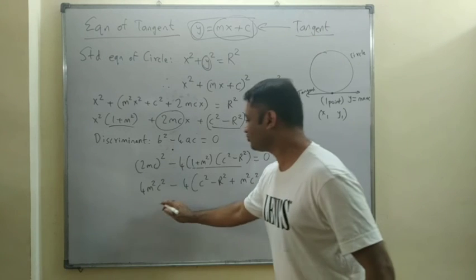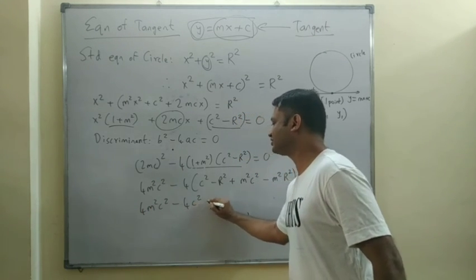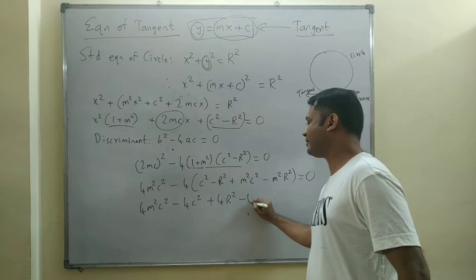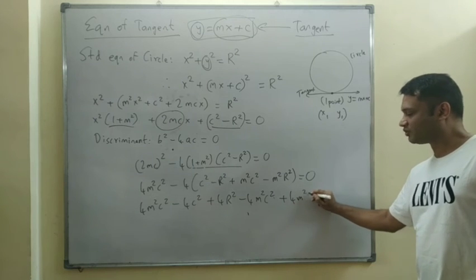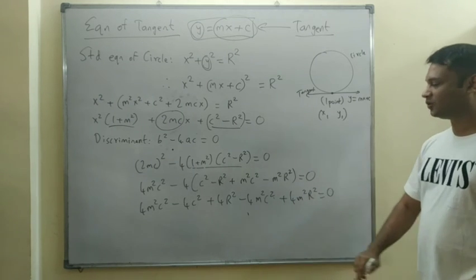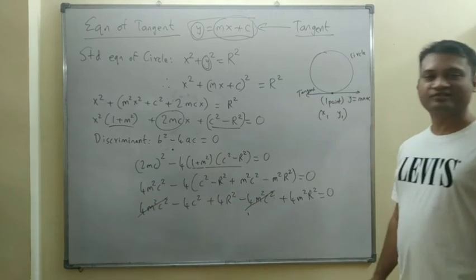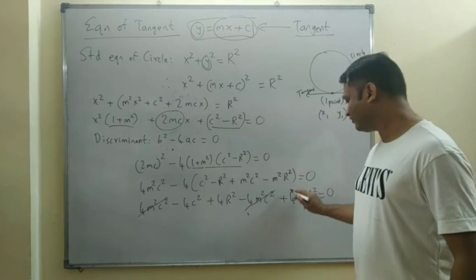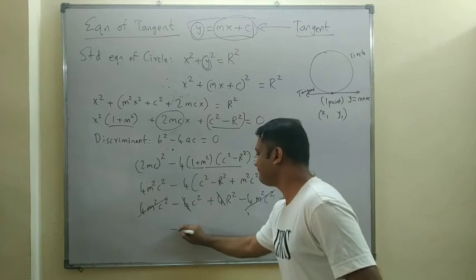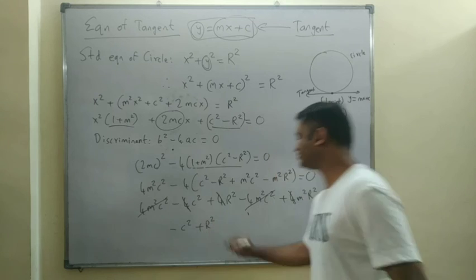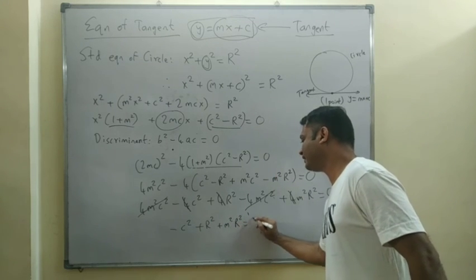Now let us simplify this further. 4m square c square minus 4c square plus 4r square minus 4m square c square plus 4m square r square equals 0. Minus 4m square c square plus 4m square c square cancels, and we will divide by 4. So we will have the equation minus c square plus r square plus m square r square is 0.